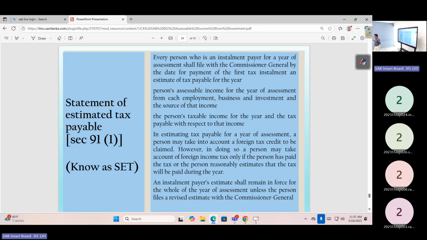I got to know that by the second installment date there should be a revision. So I can make a revision and, based on that, make the payment. As per the law, it is allowed. The taxpayer can make a revision with the second installment, third installment, even the fourth installment.